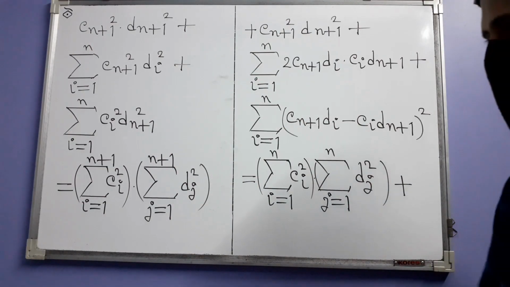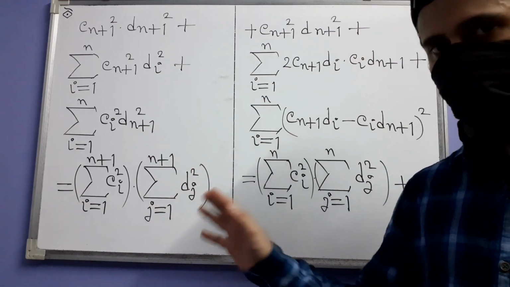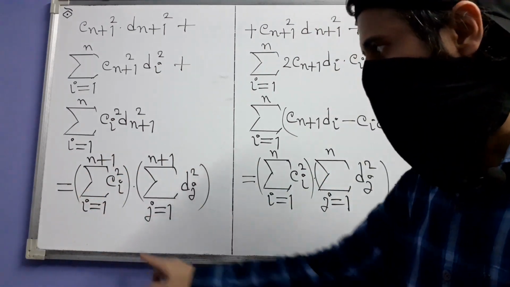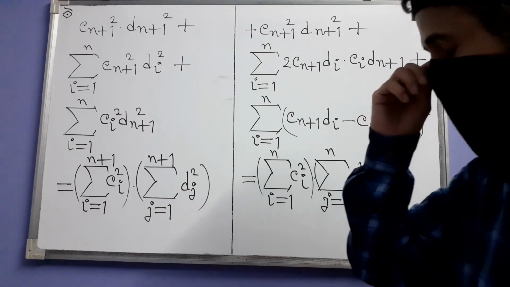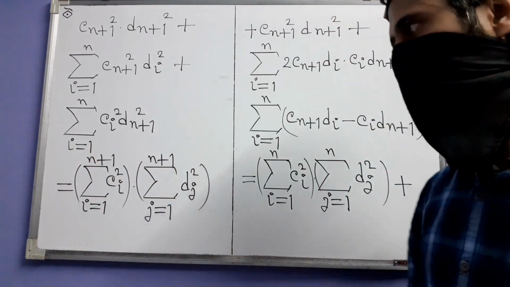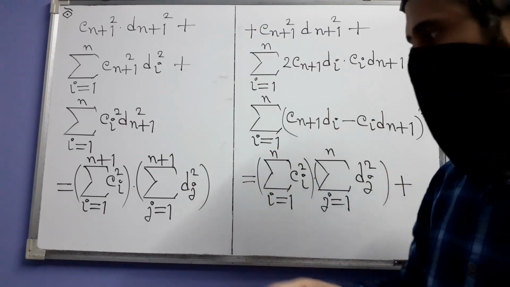Let us see. What will happen if you multiply these two sums? In what way, I am telling you. You write the first sum, first sum means this one, not this one. You write the first sum in two parts, again as before.